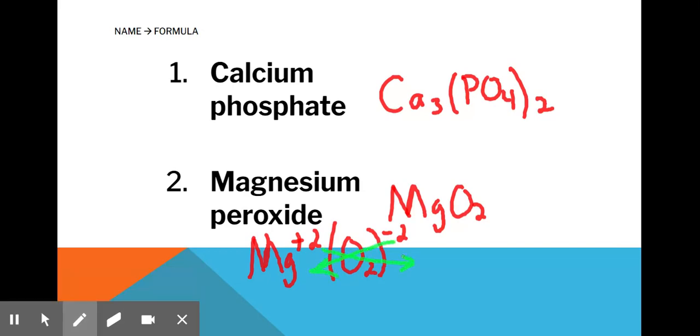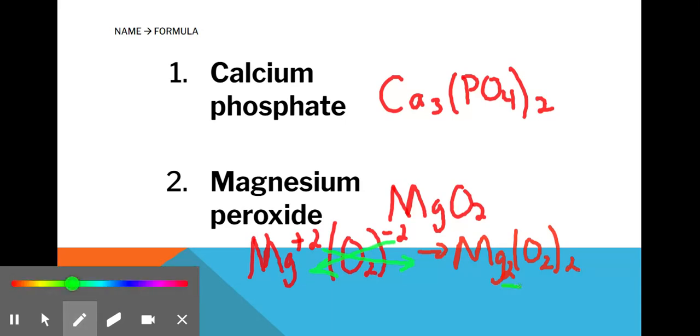Crisscross becomes Mg2, O2, 2. And it's only these two subscripts that you can reduce. When you divide by the same number, only divide these two subscripts by 2.